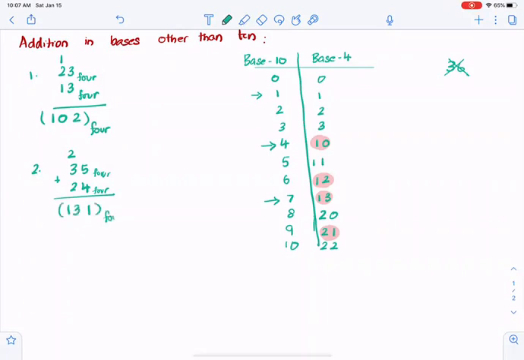So when I add 35 and 24 in base 4, the resulting answer is 131. Key thing to remember is when we add stuff, we're just adding the usual way. However, when the number exceeds our base requirement, we go back and look at the table and adjust accordingly.